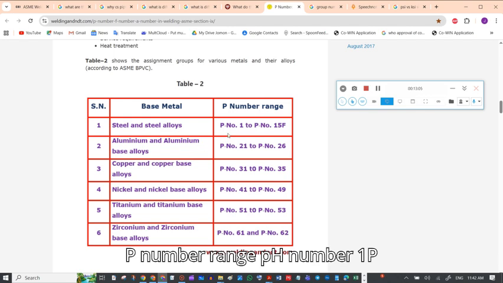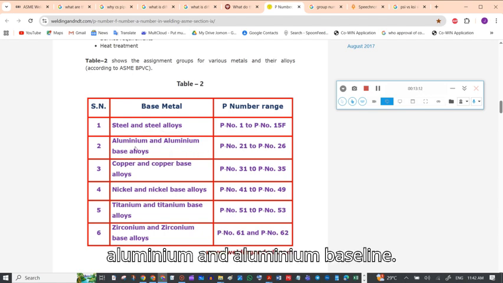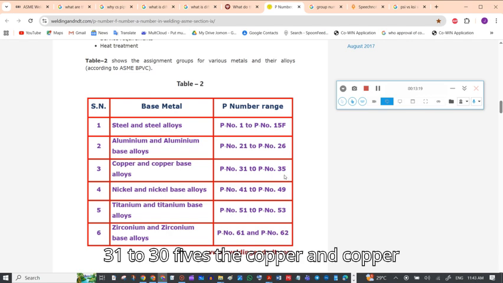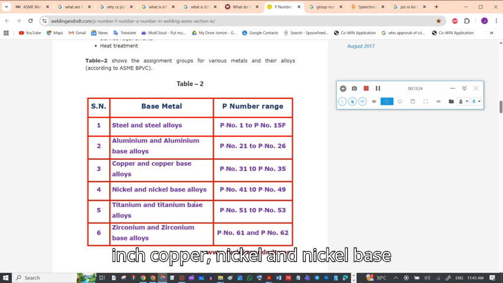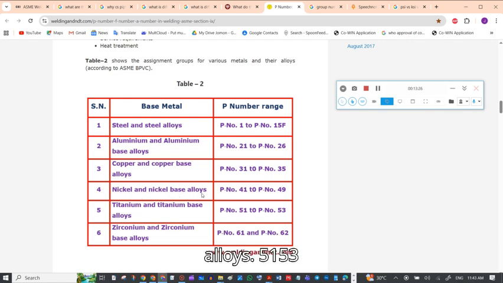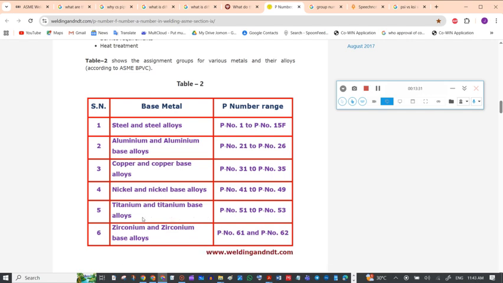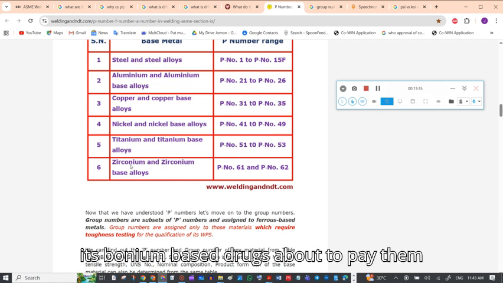P number 1 to P number 15 is for steel and steel alloys, 21 to 26 is aluminium and aluminium base alloys, 31 to 35 is the copper and copper base alloys, 41 to 49 is for nickel and nickel base alloys, 51 to 53 is titanium and titanium base alloys, and 61 to 62 is zirconium and zirconium base alloys. That's about the P number.